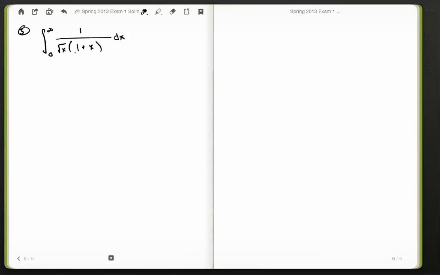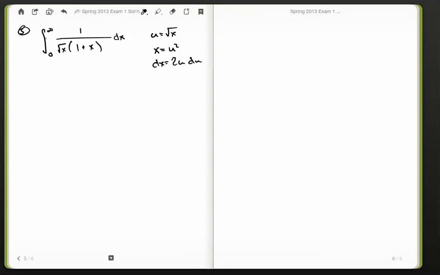I'll do it the longer way first, and I'll just show you what you could have skipped. I'm going to say that u equals the square root of x. And so that means that x equals, what does x equal? u squared. So that means dx equals 2u du.